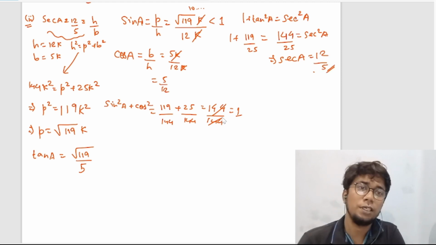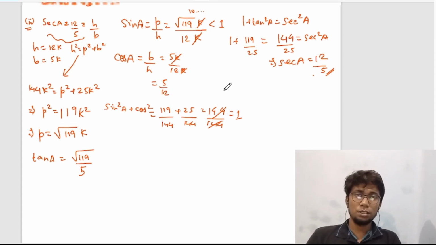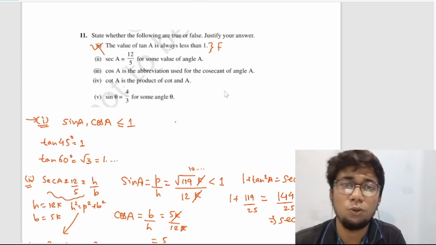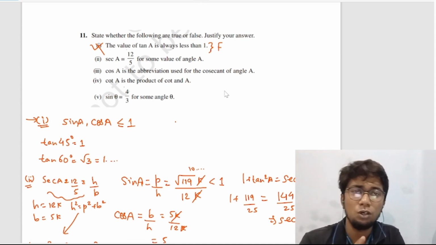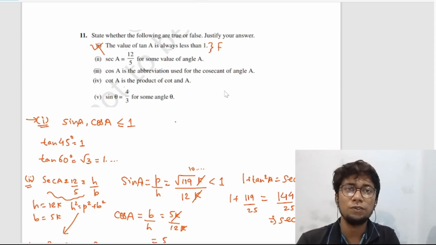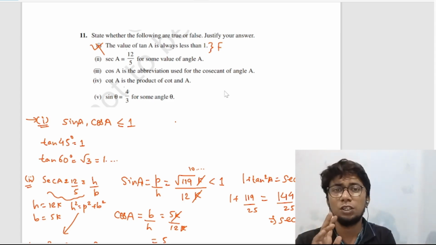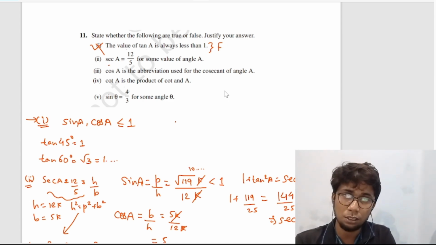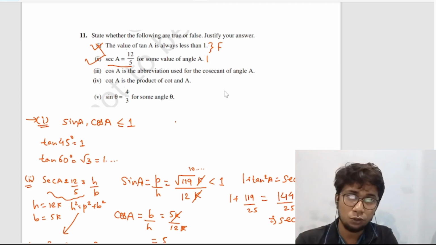So it is satisfied, right? So we can say that sec A can be 12 over 5 for some particular value of A. We don't know the value, we can't calculate it easily, but we know that for some particular value of A, this 12 over 5 is possible, right? So this will be your true statement.